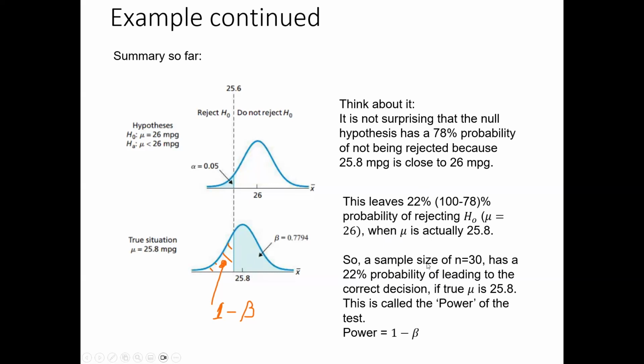So with a sample size of n equals 30, there's a 22% probability of making the correct decision if the true mean is 25.8. And the correct decision would be to reject that it's 26 miles per gallon. And we call that the power of the test. So this is very low power to tell that apart, because there's only a 22% probability you could do that.